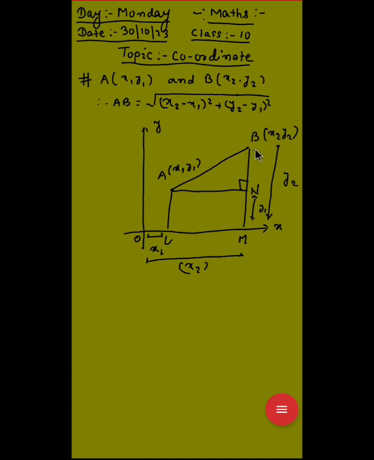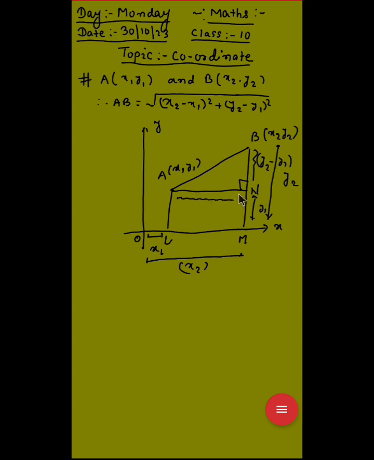So we have this distance given by whole minus smaller unit, that is whole is y2, and the smaller unit is NM, that is given by y1. So this distance is defined by y2 minus y1.